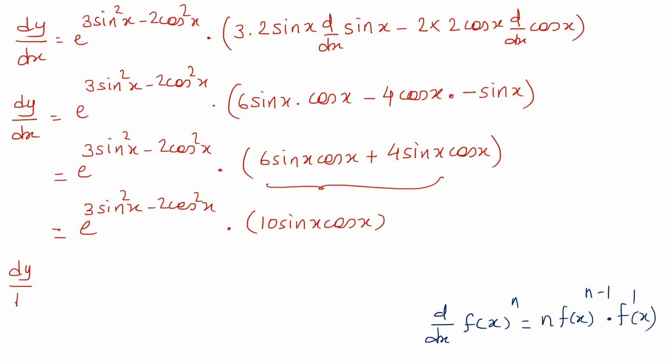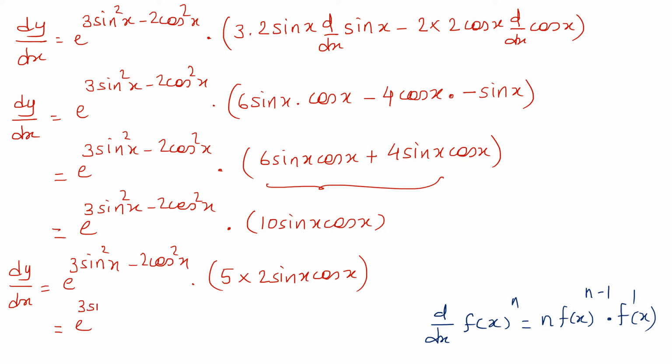Now in the next step I can write dy by dx is equal to e raised to 3 sin square x minus 2 cos square x into, this 10 can be modified as 5 into 2, and the sin x cos x is the same. Now I hope you remember the reason for writing it this way.